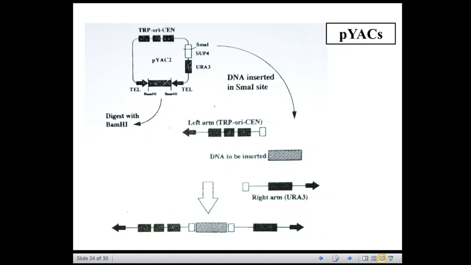If you carefully look at the figure, the yeast artificial chromosomes are linear molecules composed of a centromere, telomere and a replication origin, which is termed the ARS element.